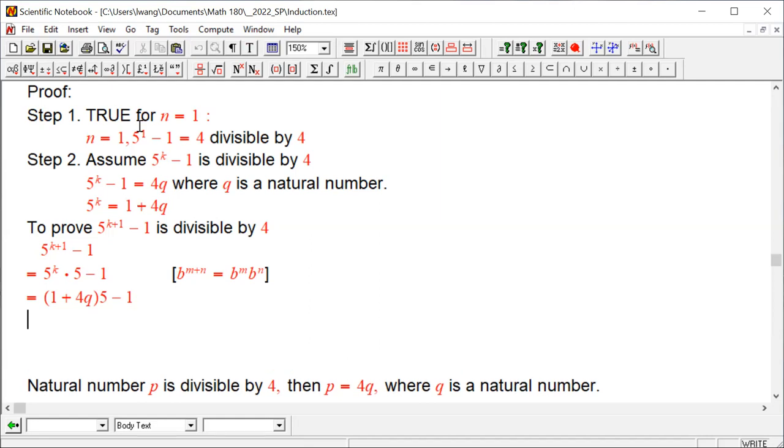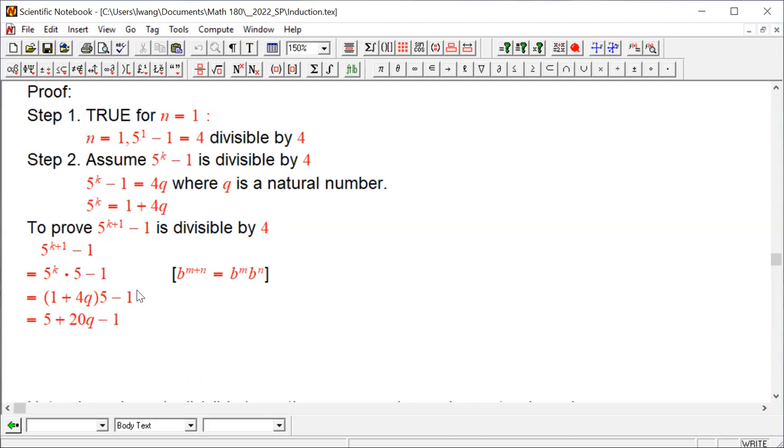All right. So then we're going to do some algebraic manipulation. I'm going to multiply 5 inside the parentheses. So we have 5 plus 20q minus 1. 5 minus 1 is 4. So 4 plus 20q. And we can factor out the 4.